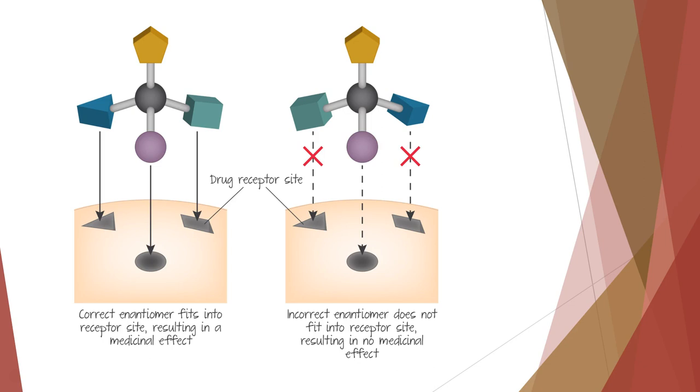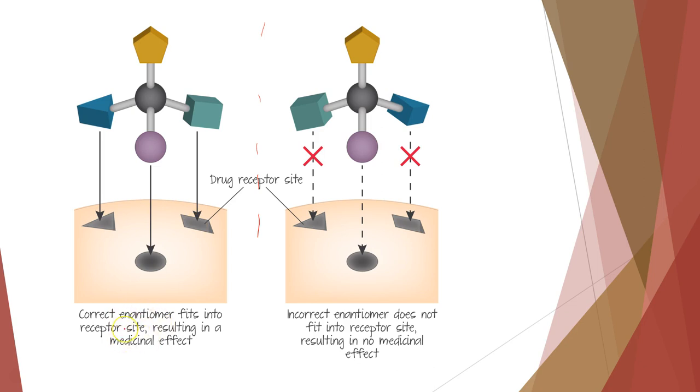So this works essentially by the fact that if we look at these 2 enantiomers here, if we imagine a mirror here, we can see that these are a mirror image of each other. When it comes to the drug receptor site, only one enantiomer will fit in exactly to match the binding of the enzyme or the receptor.